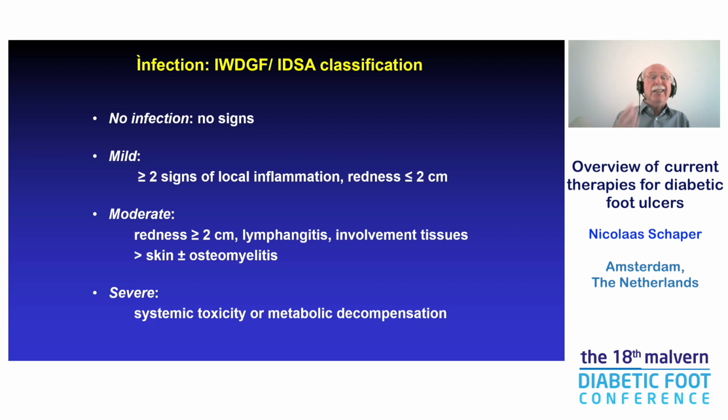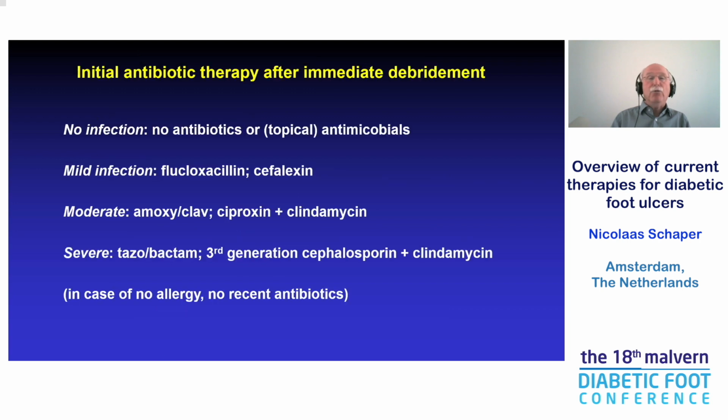If you classify each of these infections based on this classification system, you immediately have an idea of the risk for future amputation because that increases from mild to severe. And it also facilitates communication between healthcare providers. And finally, it helps you to choose your antibiotic once you have debrided the ulcer.